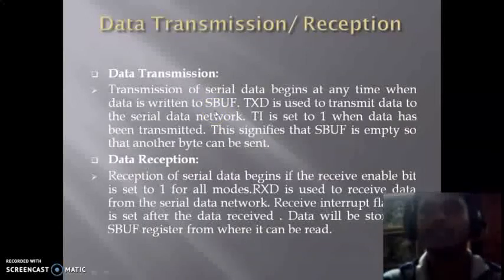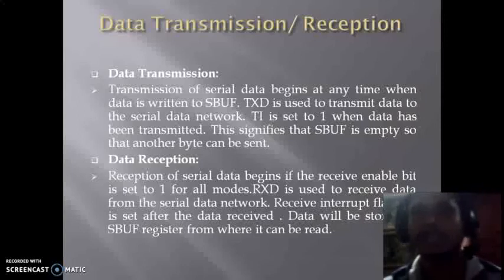Now data transmission and reception. Transmission of serial data begins at any time when data is written to SBUF. TxD is used to transmit the data to the serial network, and TI is set to 1 when the data has been transmitted. This signifies that SBUF is empty so that another byte can be sent.